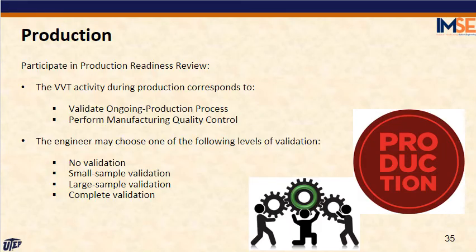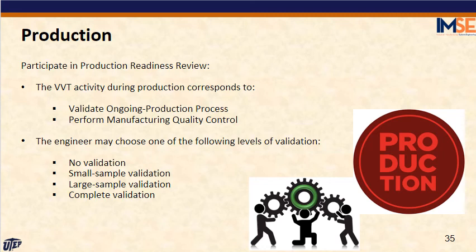The production phase. The production phase includes a production readiness review. During this review, it needs to be tested whether the manufactured products, subsystems, and end systems created in early pilot runs meet all their specifications within a stable, statistically quality control process.